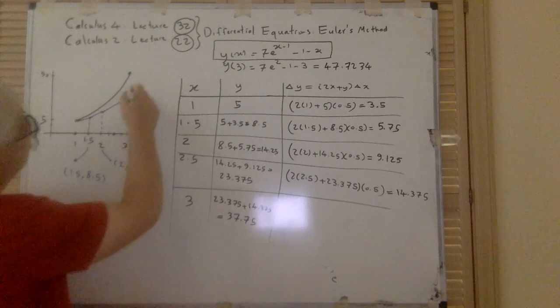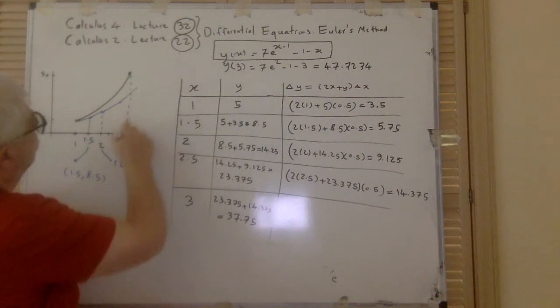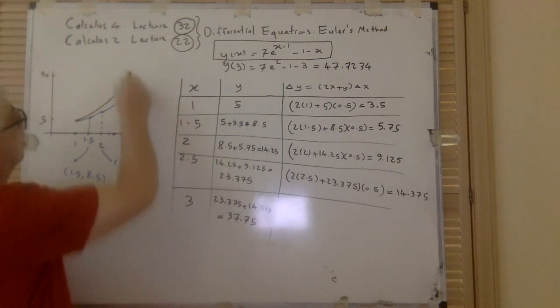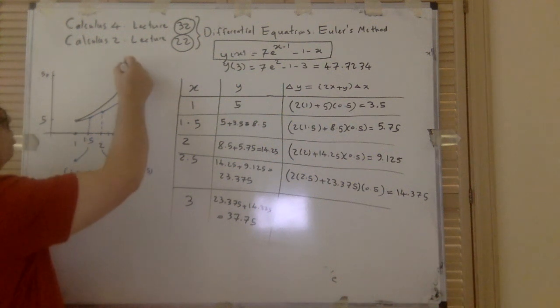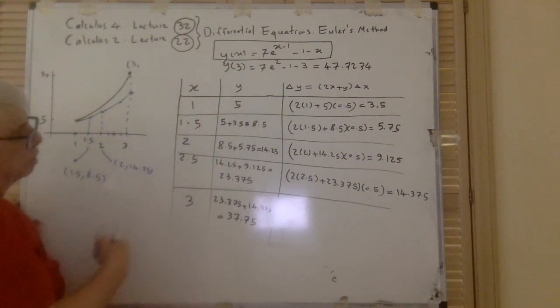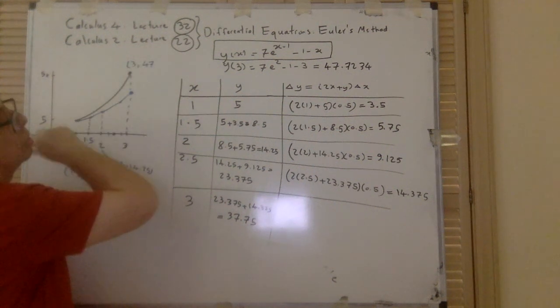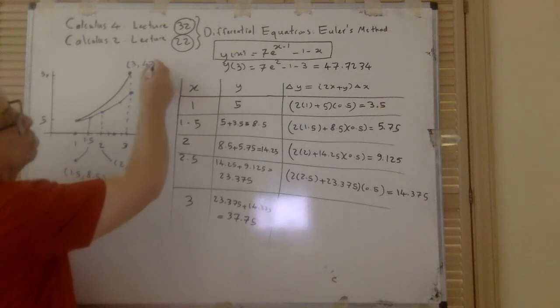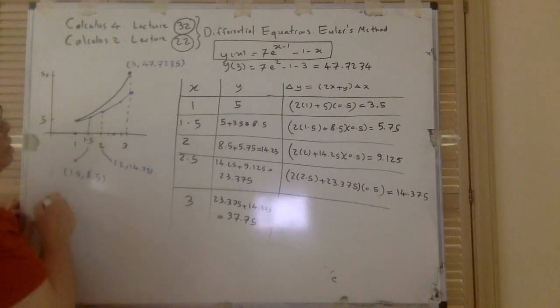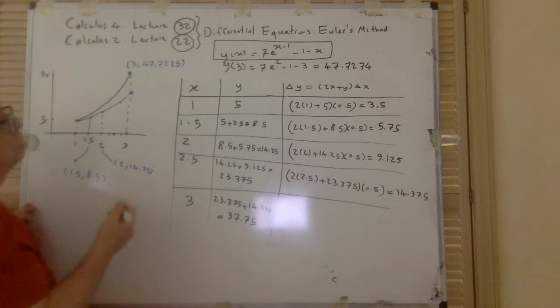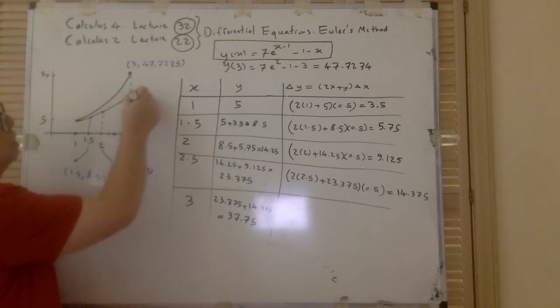So at 3, I am here. The real value at 3, that is the calculated value from solving the differential equation, is 47.7235. I'm not saying exact value, there's no exact value, but that is closer to the exact value. But this is the calculated value using Euler, and then we found 37.75.